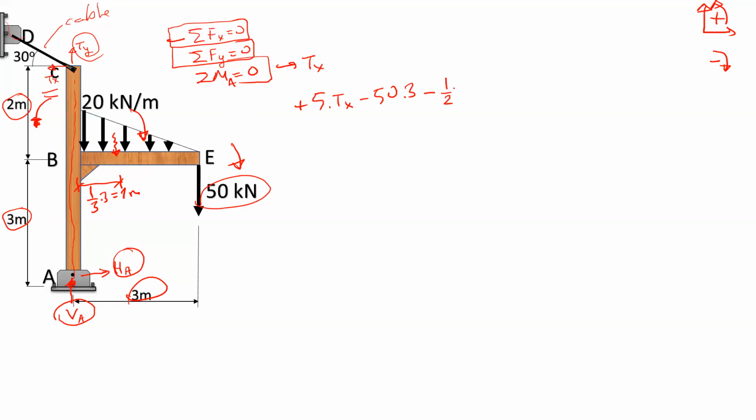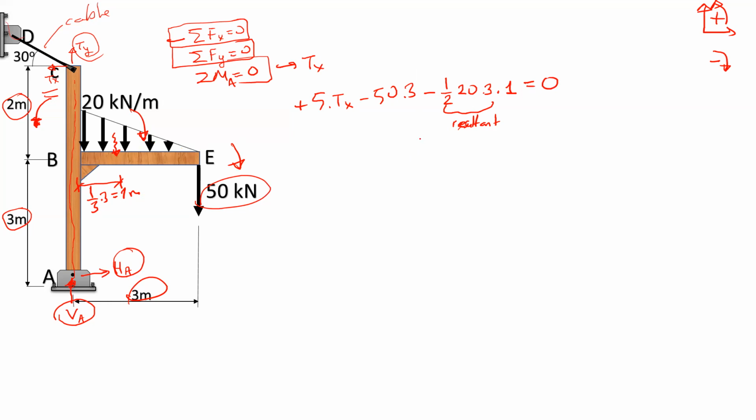The total resultant force is 1/2 because of the triangular distribution. The maximum magnitude is 20 kilonewton per meter, and its span is 3 meters. So this portion is the resultant force here, and it's multiplied by the moment arm, which is equal to 1 meter. So from this equation, we write that it's equal to 0.